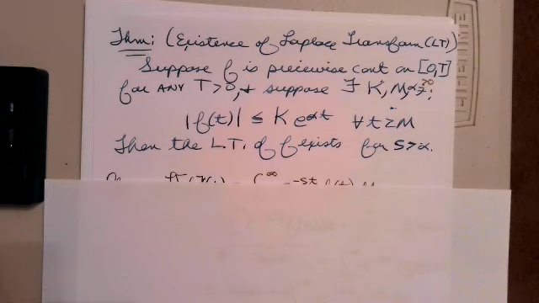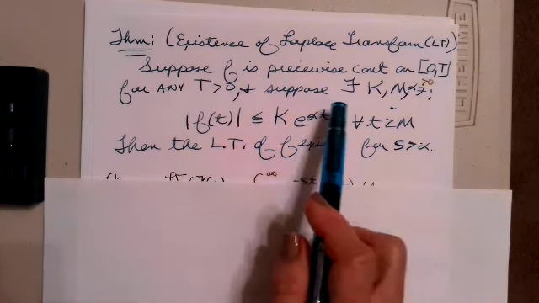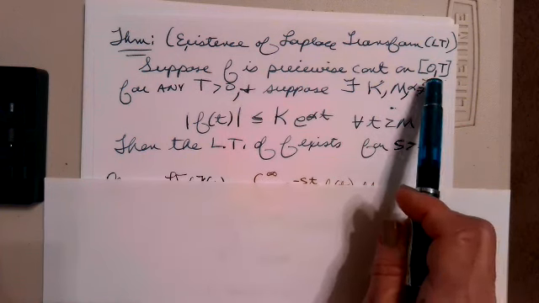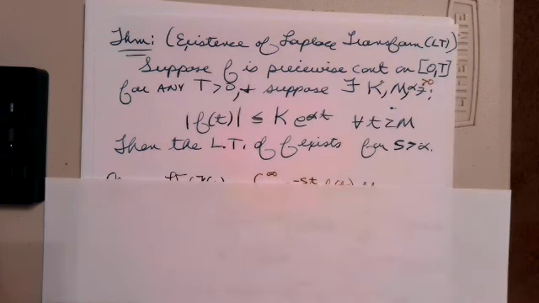So what conditions on the function little f would ensure us that little f has a Laplace transform? This theorem tells us at least one set of conditions. Suppose that the function little f is at least piecewise continuous on every interval 0 to T for every possible T. That means basically piecewise continuous on the half line. And suppose that you have, these should all be positive constants.